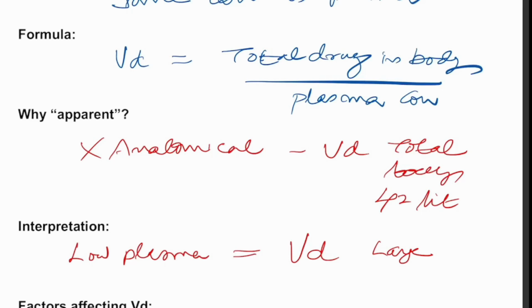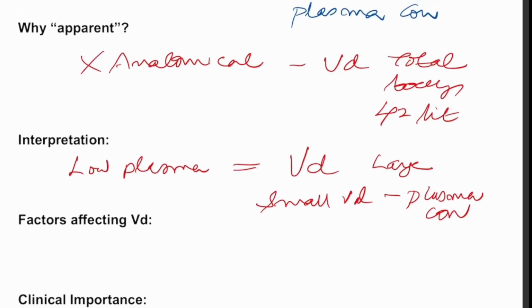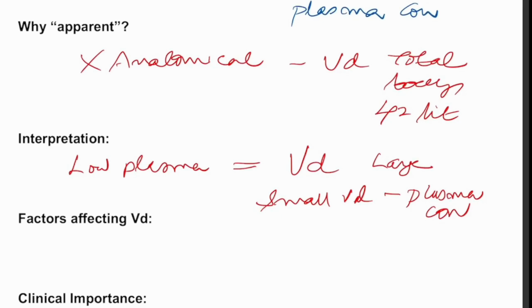If it is a small volume of distribution, there will be high plasma concentration. So this is an important point to remember. Low plasma concentration means the volume of distribution is large, or when the volume of distribution is large, the drug will have low plasma concentration.